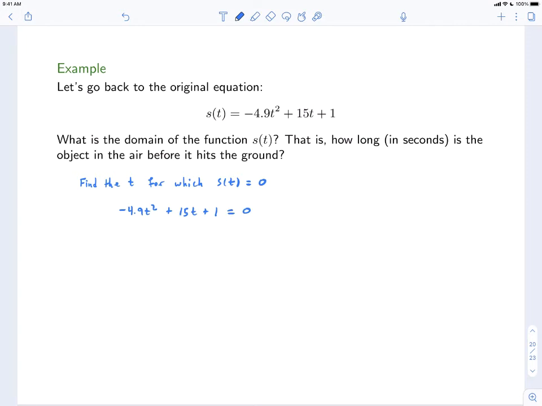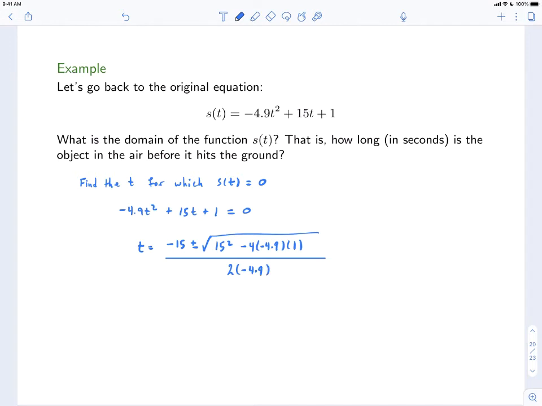This is a quadratic. We can solve this using the quadratic formula. And we have that t is equal to the opposite of 15 plus or minus the radical of 15 squared minus 4 times minus 4.9 times 1, and all of this we divide by 2 times minus 4.9.